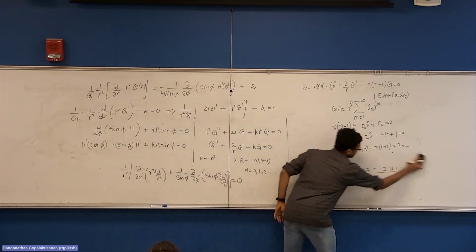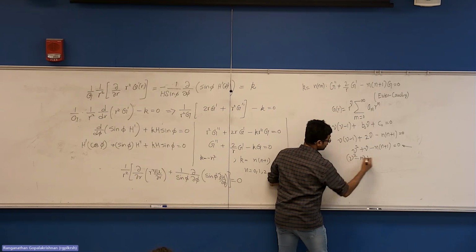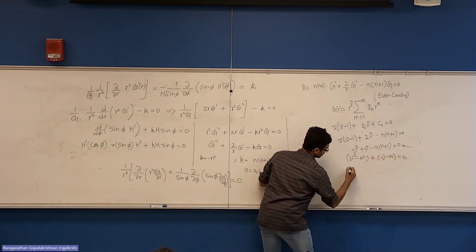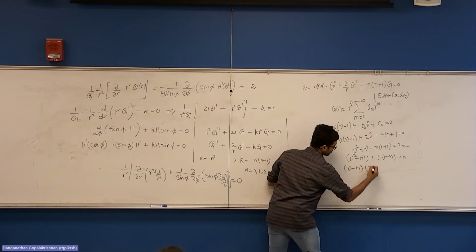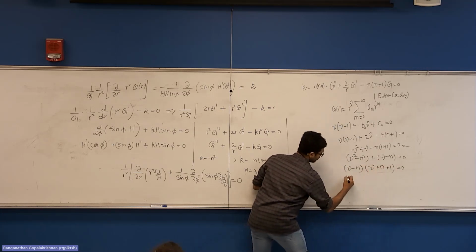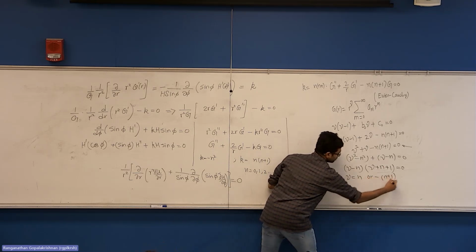So in this way, we want to write nu squared minus n squared plus nu minus n equal to 0. So this is nu minus n times nu plus n plus 1 equal to 0, which will make nu equal to n or minus of n plus 1.